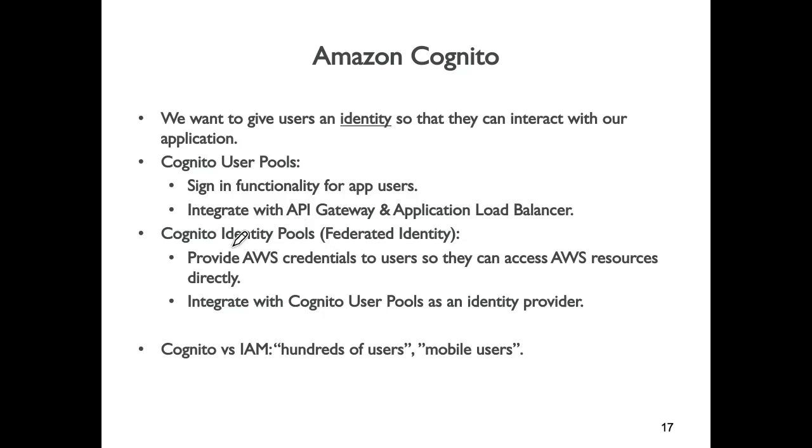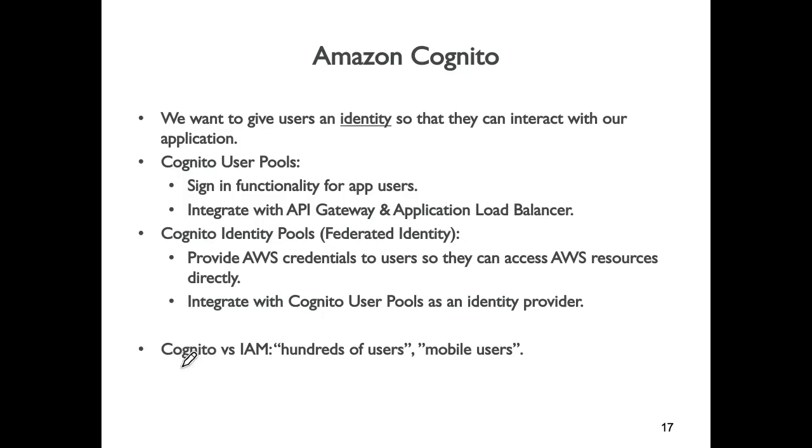For example, if you want to allow a user to upload files to an S3 bucket, then for a user to be able to do that, that user needs to have a set of AWS credentials. So what the Cognito Identity Pool service does is it generates short-term AWS credentials for users to allow them to interact directly with parts of your infrastructure. But as I said, we won't be looking at that. We're more interested in the Cognito user pools side of the Cognito service.